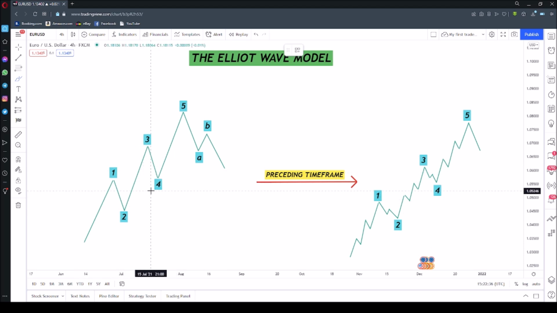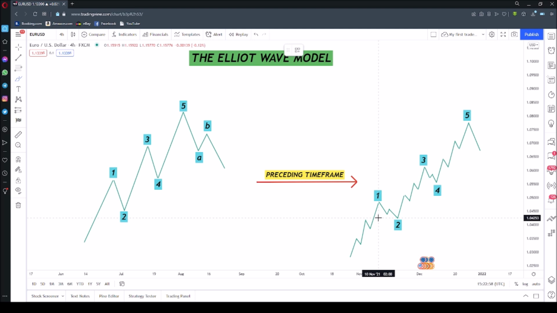If we are to tune to the preceding time frame of observation, for instance, let's say we have this as our monthly time frame and have these 5 waves on the monthly time frame, we expect to have these similar waves on the weekly time frame, since the weekly is the standard preceding time frame to the monthly time frame.